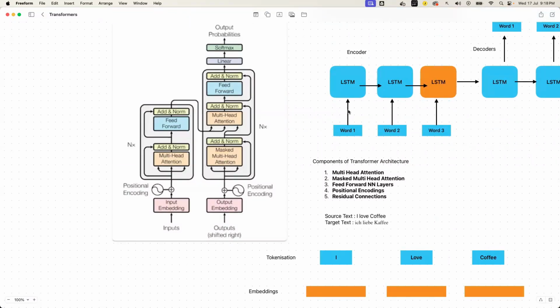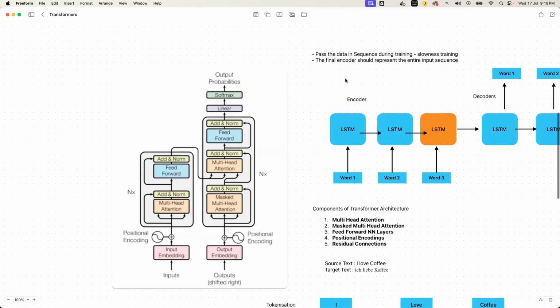Now, this transformer model has an architecture known as the encoder decoder architecture. Let us try to understand how the data gets processed. The encoder component will receive our input and then send that encoded data to the decoder part.